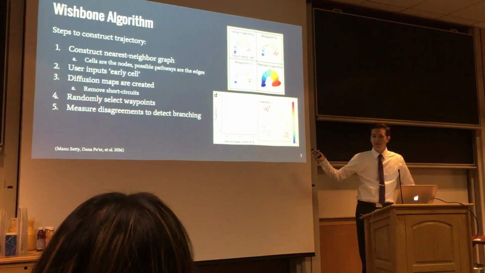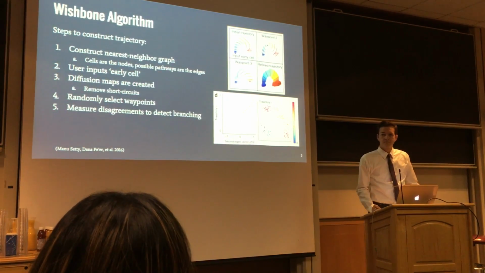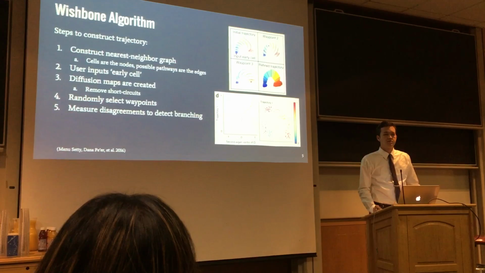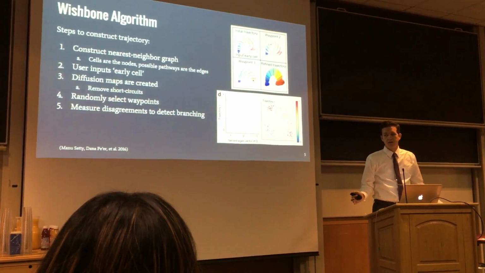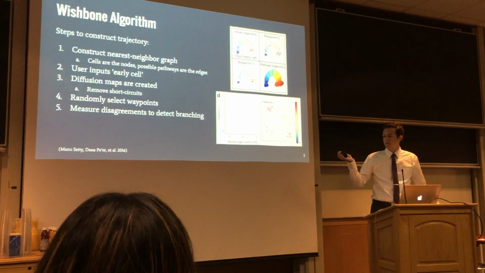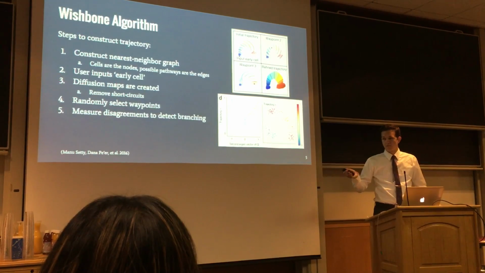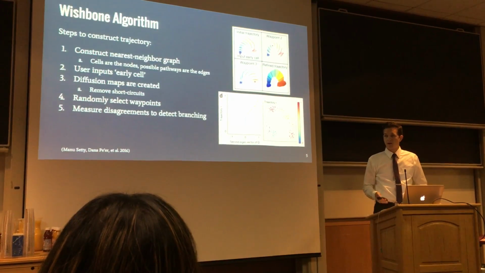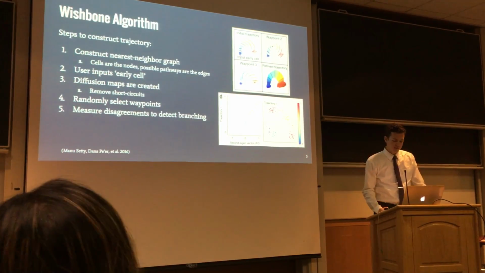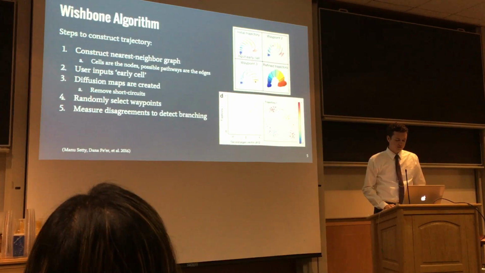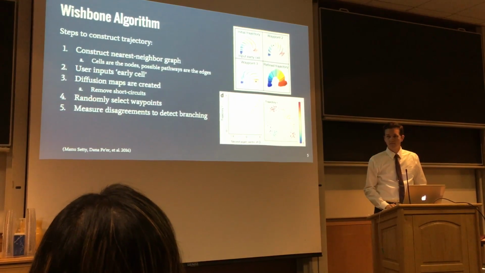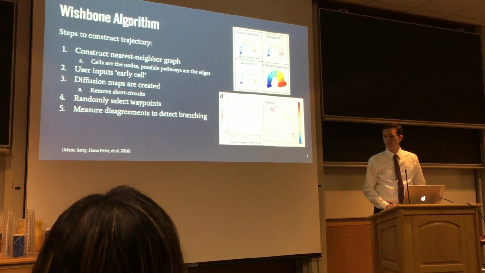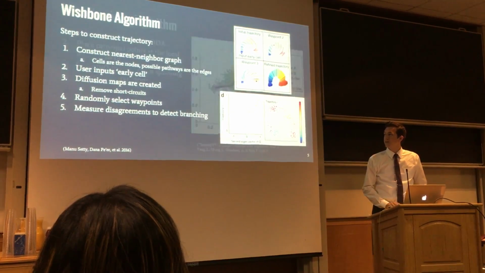That is identified as a branching point. So one assumption that the Wishbone algorithm takes is that there is only one branching point in the data. So there can be a maximum of 2 branches, and this is a limitation because in biology we see more than one branching point in data.